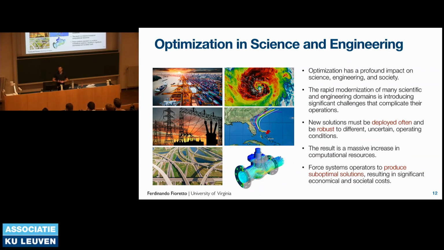So, for example, if you think of transportation systems, energy systems, flood mitigation systems, they are all systems that are run by means of solving some optimization problems, often in real time. And they really are crucial for ensuring social and economic stability. And so those problems have also been highly stable and reliable over the years.